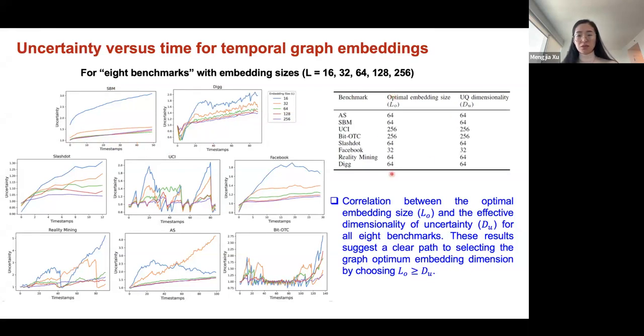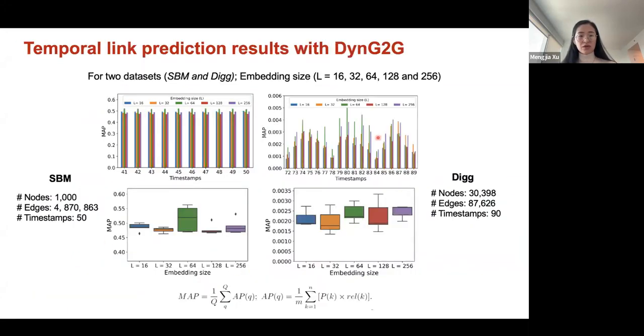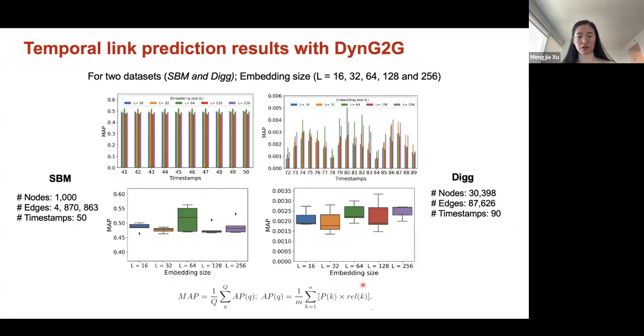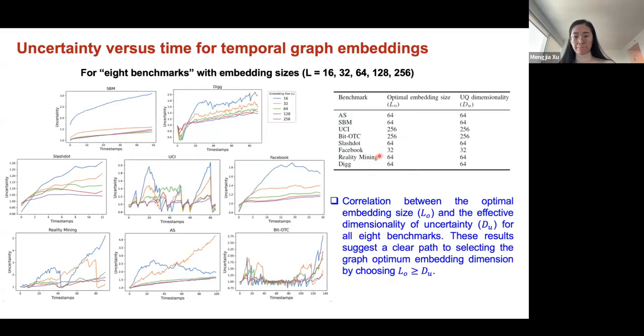And this optimal embedding size, we obtained based on these temporal link prediction results. In our paper, we have all the box plots like this. For example, for the DIG, here we find 64 achieved the highest temporal link prediction results.